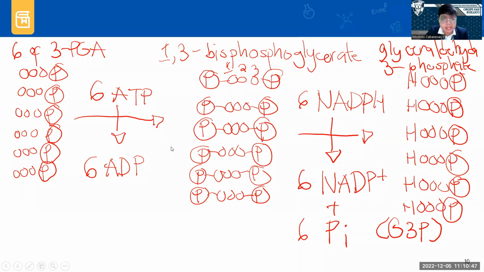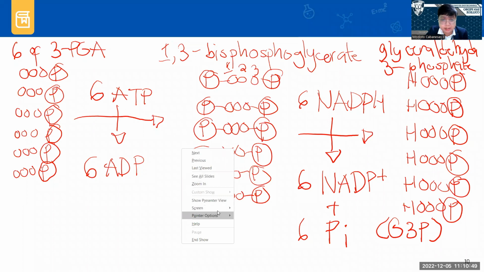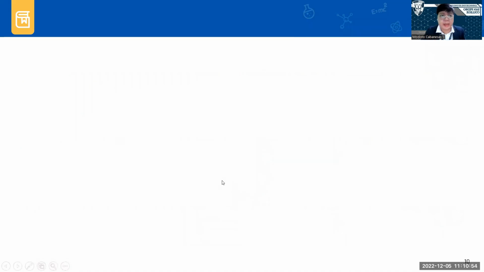So let me erase again. So we have now proceed to the third phase called the regeneration of RUBP.